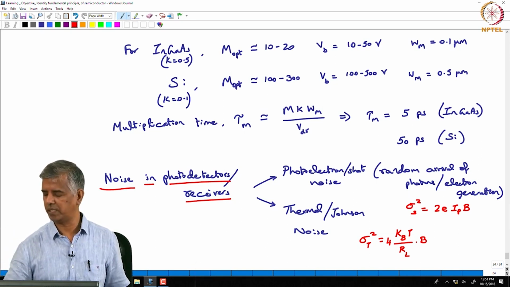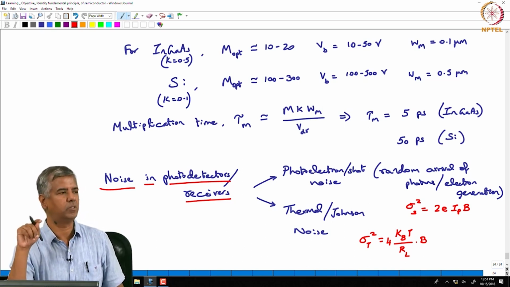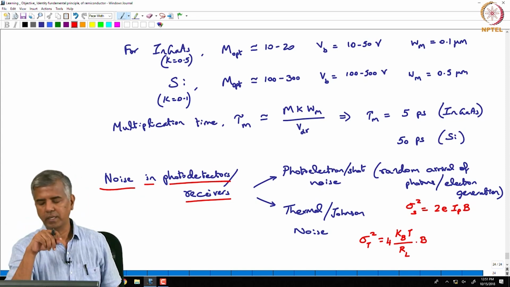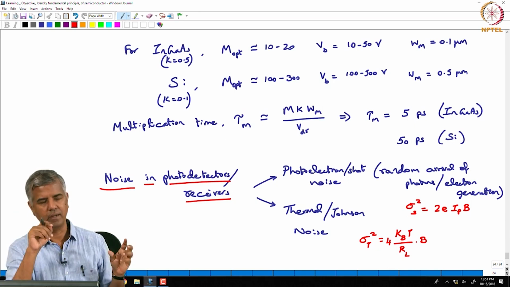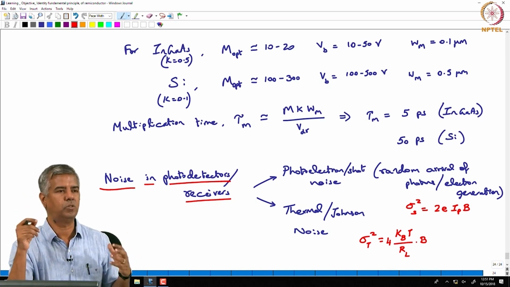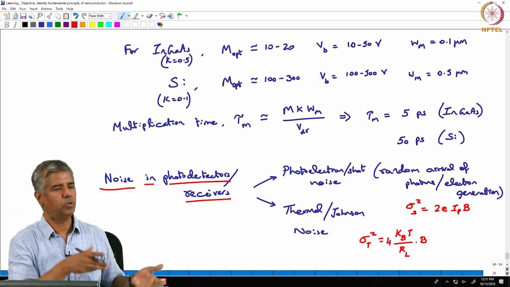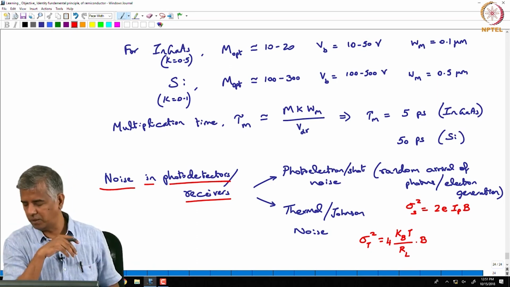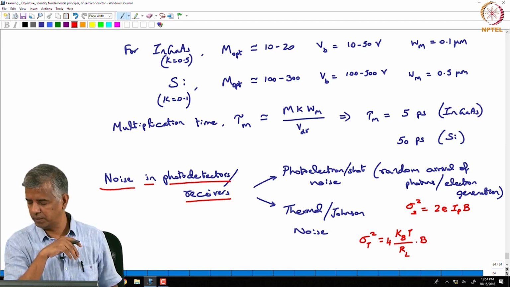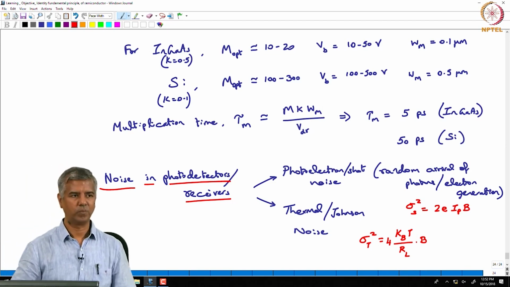So, we will go to the expression for the gain of the APD, which will also incorporate the excess noise factor that we talked about, and then we will see under what conditions you use a PIN and when you use an APD. Let's try to figure that out in the next lecture. Thank you.